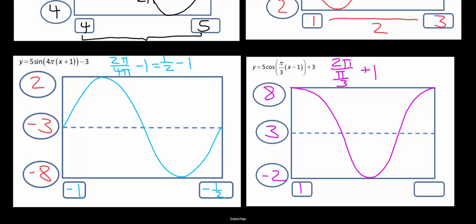Okay, the pi's cancel. And this looks like it's 6 plus 1, which is 7. See, if you multiply the top and the bottom by 3, the 3's cancel, and up top you get 6 pi over 6, which is just 6. So this over here is 7.